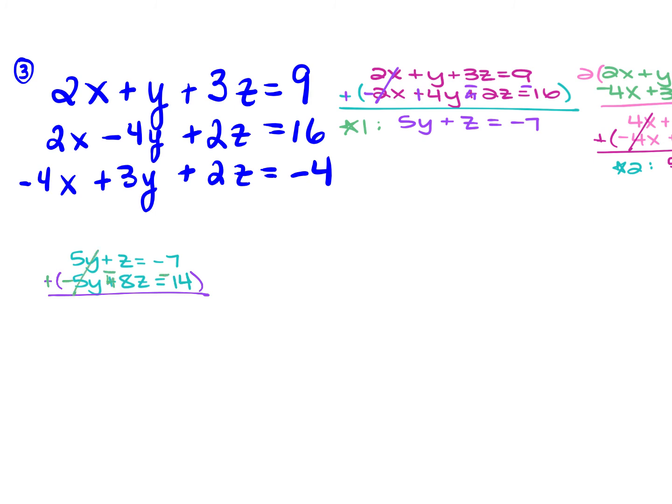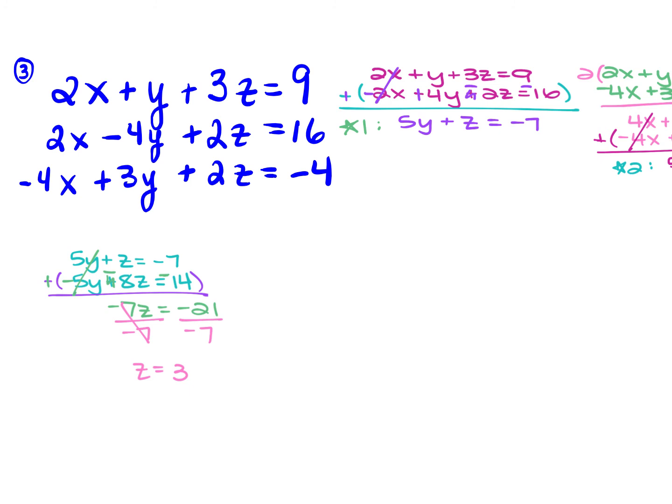Your 5y's are going to cancel. The z minus 8z is negative 7z, and negative 7 minus 14 is negative 21. We can divide each side by the negative 7, and we get that z is 3.